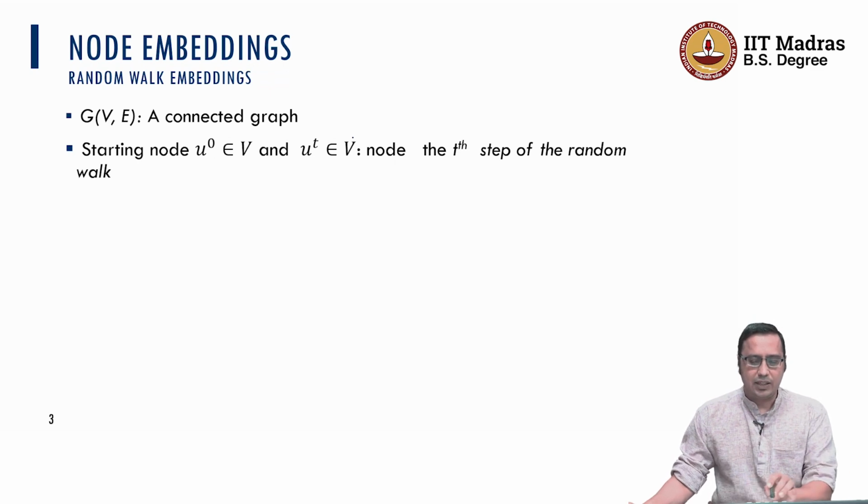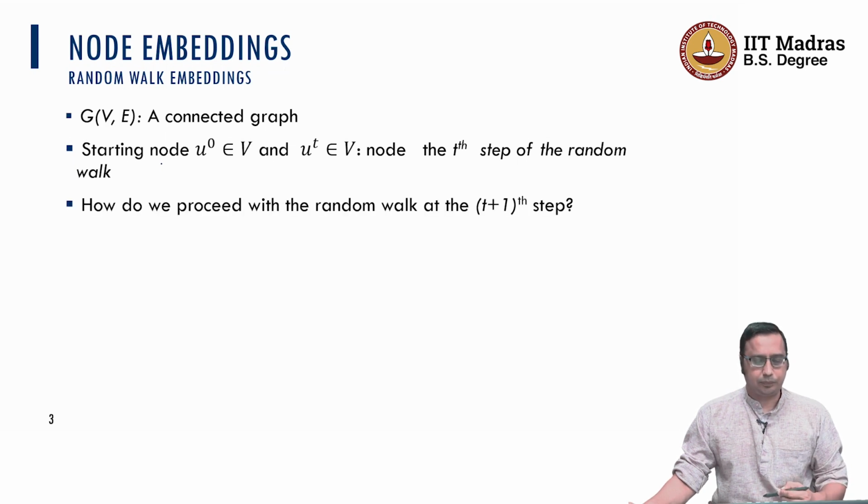So we are at the tth step of the random walk. We have started with the node u0, and now we have to determine what should be our next node. How do we proceed with the random walk at the t plus 1th step is the question.